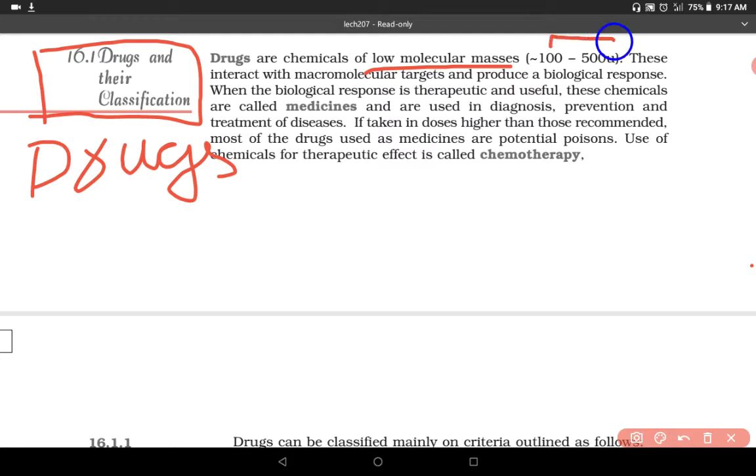You already learned about unit mass in the first chapter, Some Basic Concepts of Chemistry. These interact with macromolecular targets and produce a biological response. What are drugs? Drugs are chemicals of lower molecular mass that interact with macromolecular targets, not micromolecules, and produce a biological response.